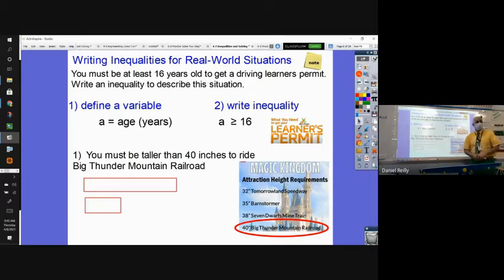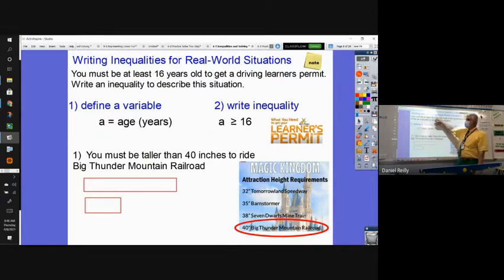So if you are told to write an inequality to describe this situation, the inequality is going to have a changing value in it, right? That we need to use a variable to represent that. So the changing quantity in this situation is how old you are. Okay, your age in years. I'm using A for that.